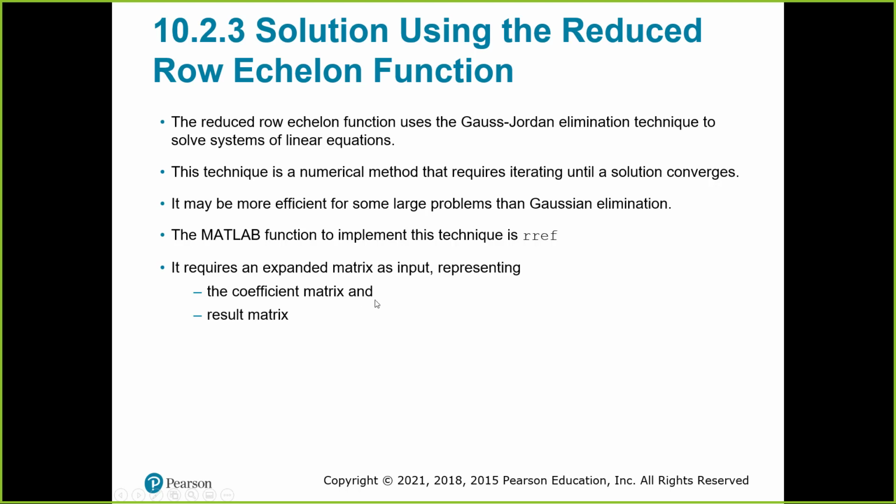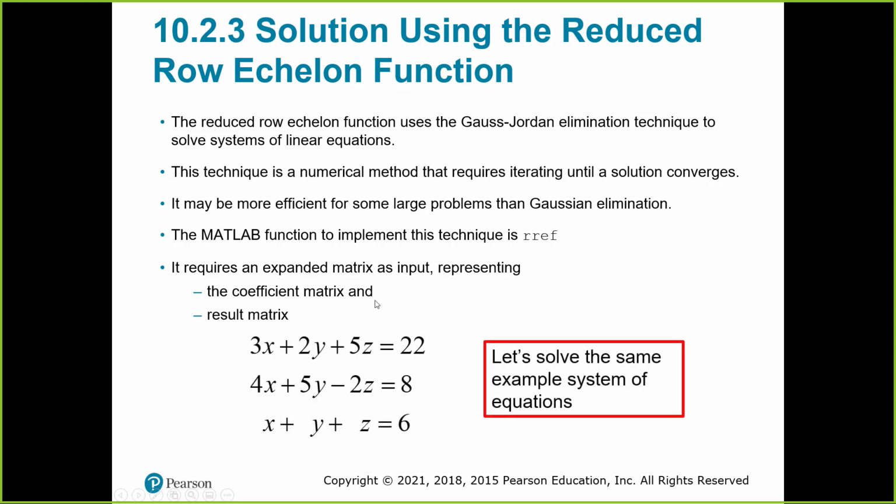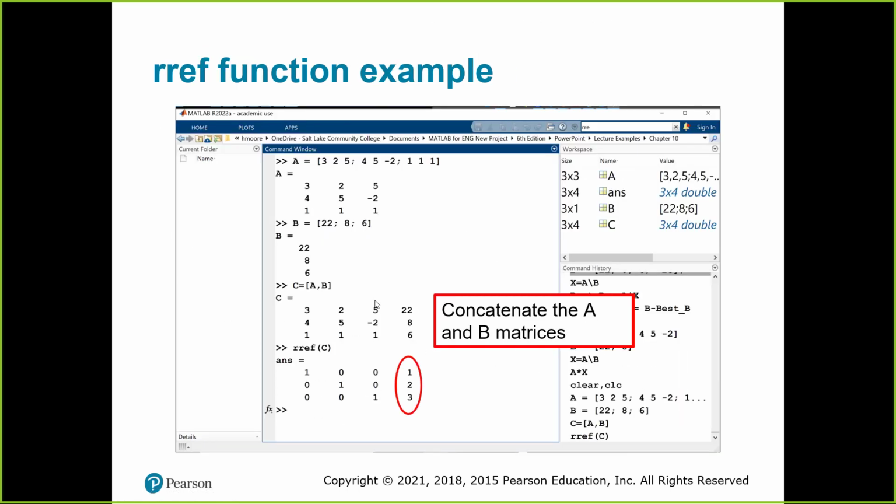And so what you've got to do on this one is take the coefficient matrix and add the resultant as the last column in that matrix.